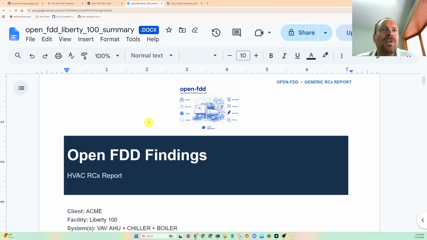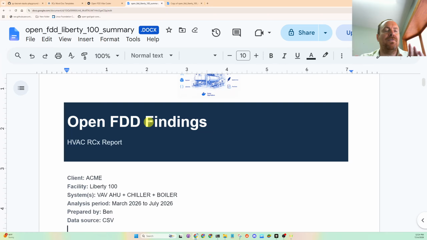So I'm just going to start a report for this building in very traditional retro-commissioning style. Typically, what I'm missing is an appendix, and a beginning-of-report summary with auto links to different pages, like if you want to go to the air handling unit, go to page 11, VAV page 20.